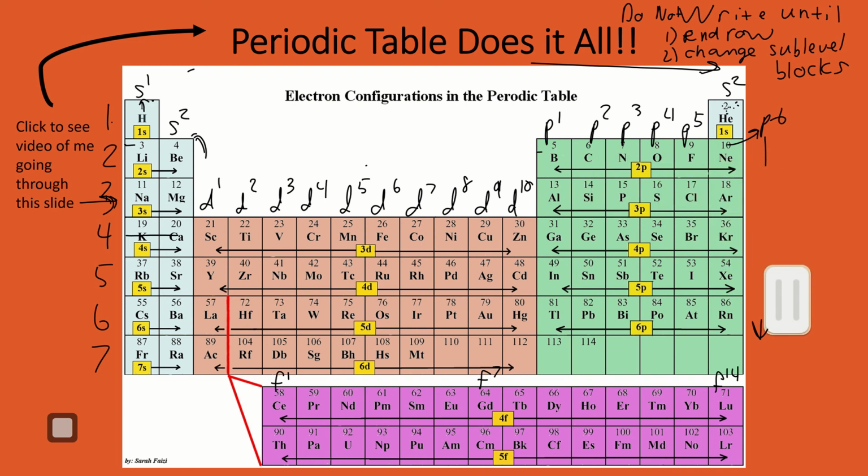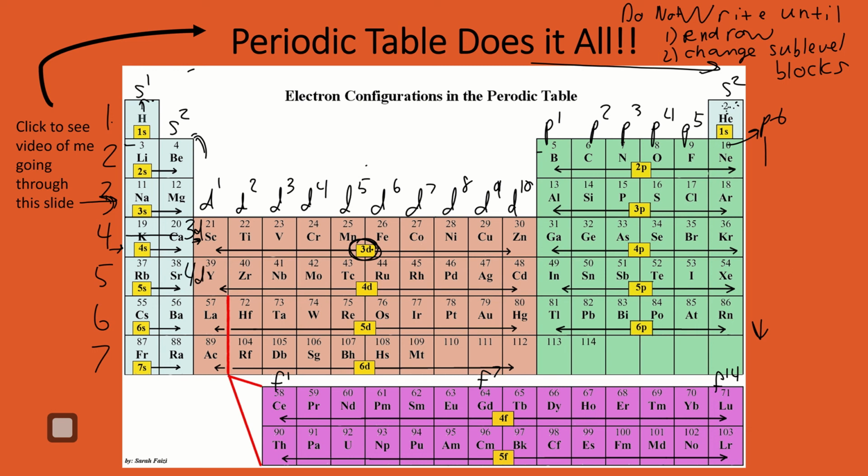When you get into the D block, you can notice here that even though I'm on the fourth row, when I hit this first D block here, it's telling me to write 3D. And usually I tell the students to write 3D right at the edge there so they know what's going on.